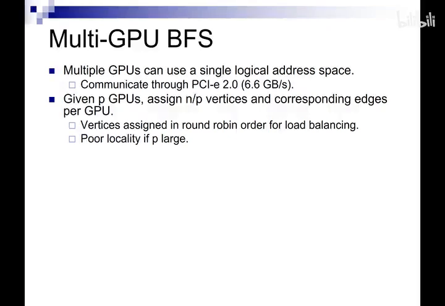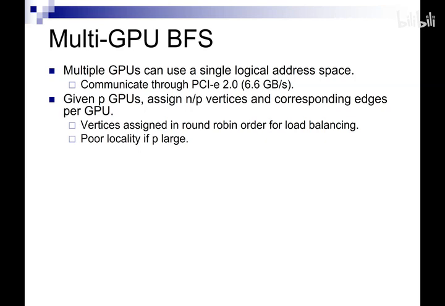And then for each vertex, the GPU is also going to get all of the corresponding edges. They assign the vertices in round robin order. So if you have 4 GPUs, they're going to iterate through all of the vertices and give them to GPUs 1, 2, 3, 4, 1, 2, 3, 4, and so on.